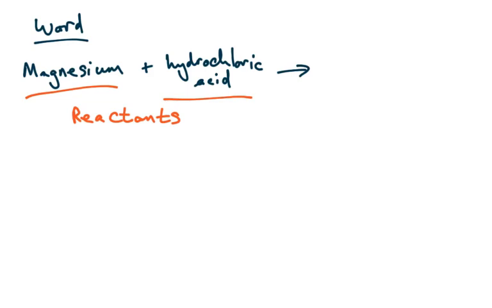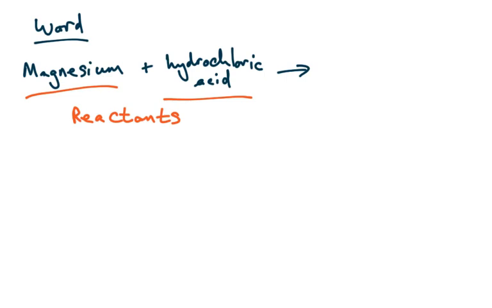The products that come out are something that you are expected to be able to work out if you're looking at Key Stage 3, GCSE or above. You need to be able to work out the products for a word equation. So when we're looking at the word equation, this is making a salt and making hydrogen.